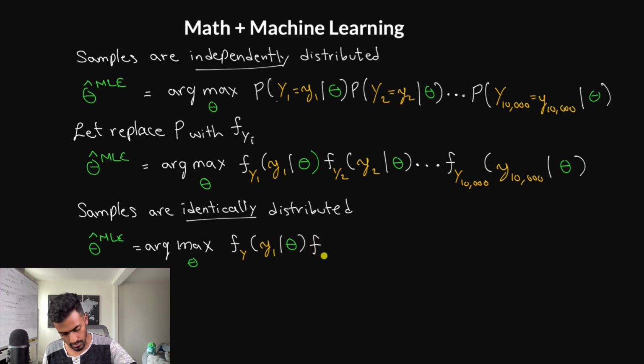And so this is also going to be a subscript y, but of the same y2 variable. And even for the 10,000 term, well, it's the same y.